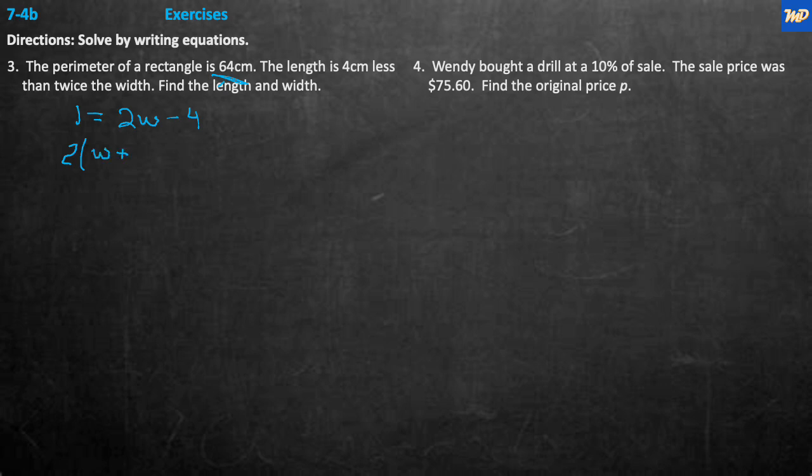And the length we said is 2w minus 4. So 2w minus 4. Put a parenthesis here. When you put the length in, you could have had parentheses on this, so that you could see it would be w plus the value of 2w minus 4 to keep it clear. Not necessarily necessary, though. And that all equals 64 centimeters.